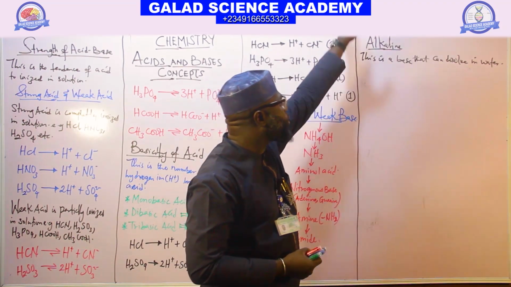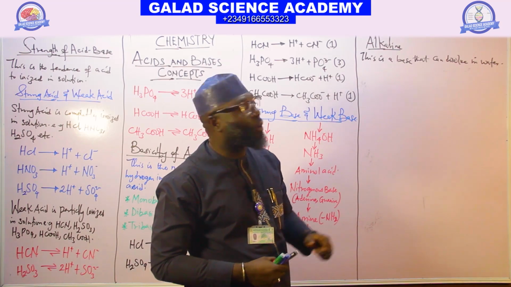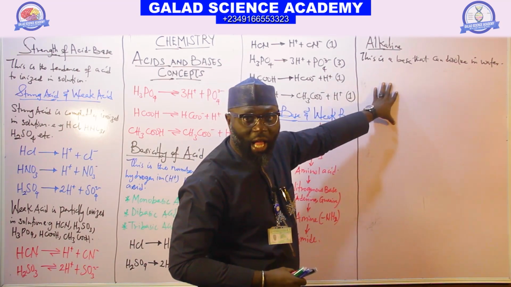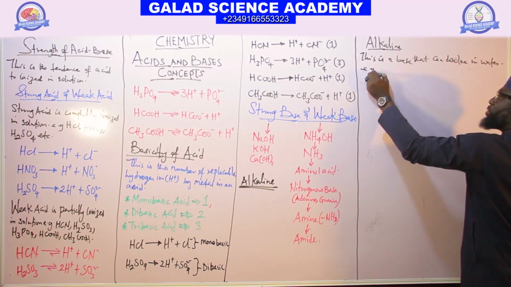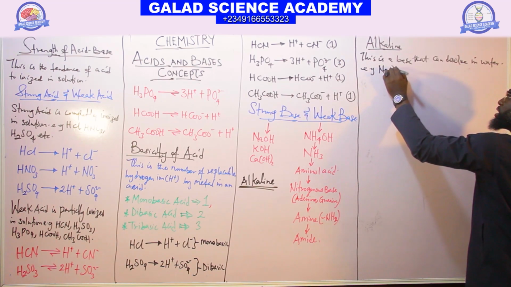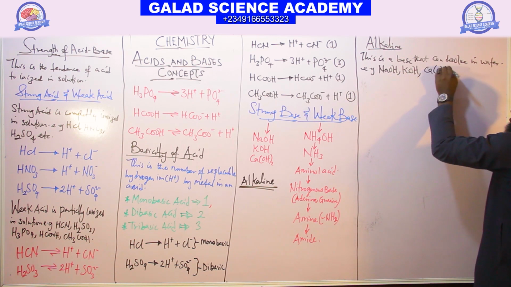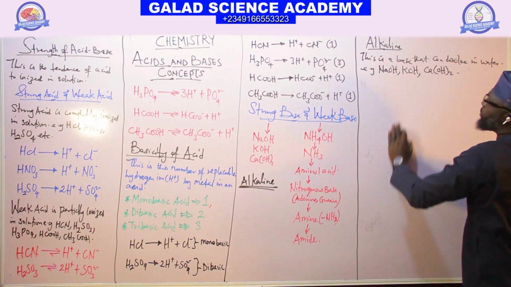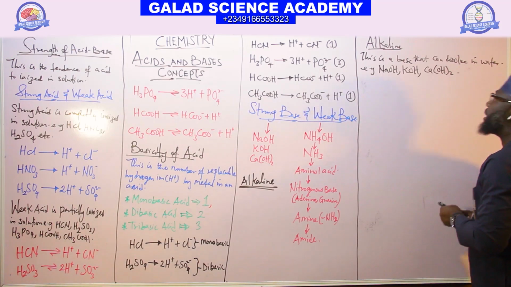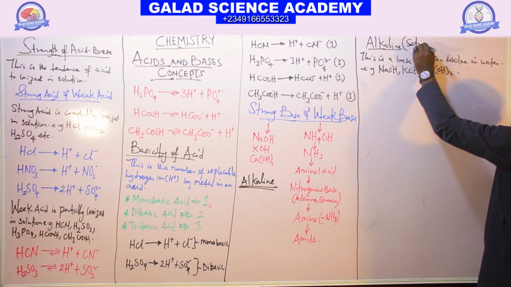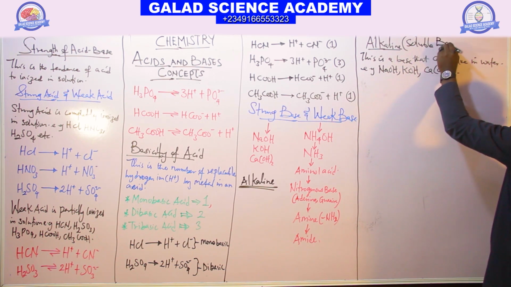Because when the bases of those metals react with water, they dissolve. Examples of alkali are sodium hydroxide, potassium hydroxide, and calcium hydroxide, which is slightly soluble in water. Alkalis are also called soluble bases.